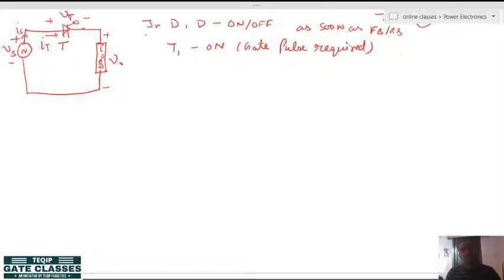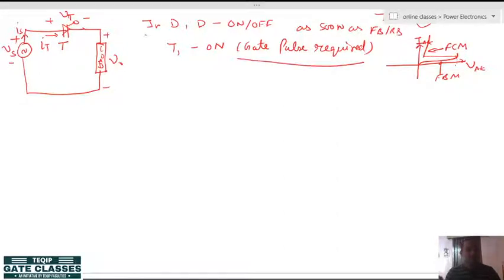You have studied this in the power electronics section of module 1: if you plot the VAK and IAK characteristics, when the gate pulse is not provided, up to a certain voltage the thyristor tries to block, and after that, when the J2 junction breaks, the thyristor comes into conduction mode. So this is the forward blocking mode and this is the forward conduction mode. That's why we need a gate pulse to trigger the SCR.